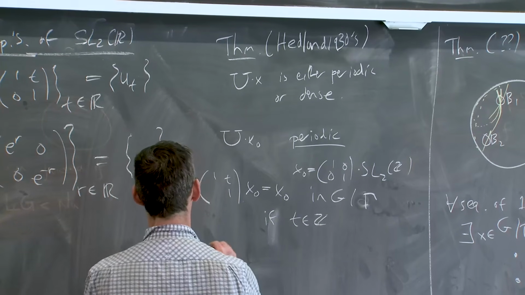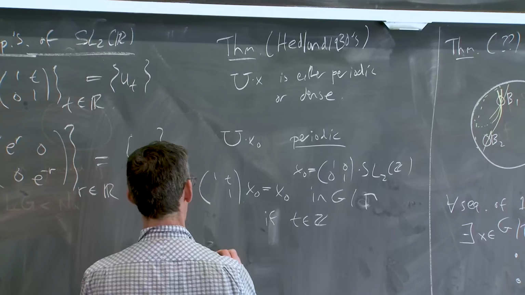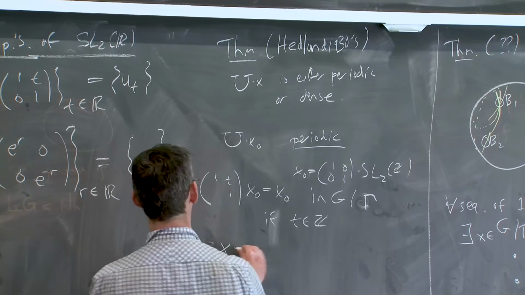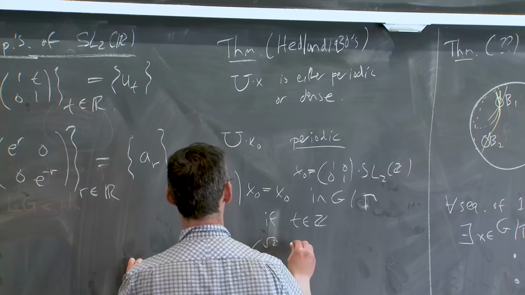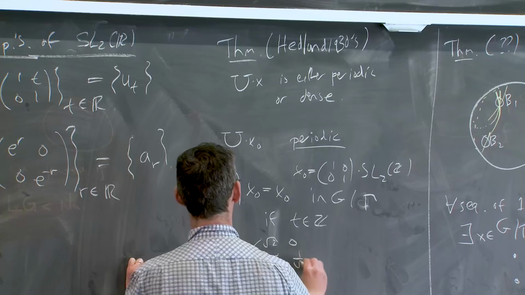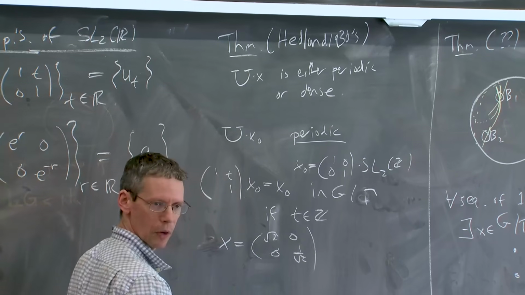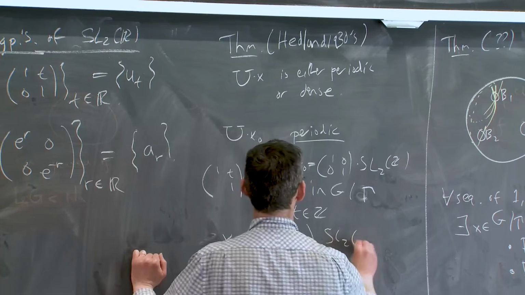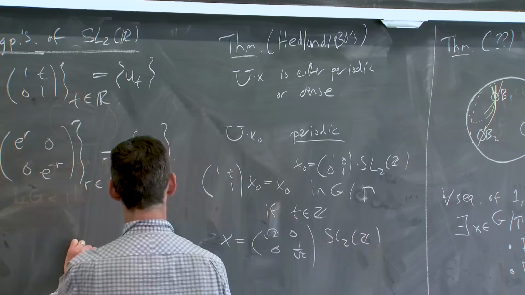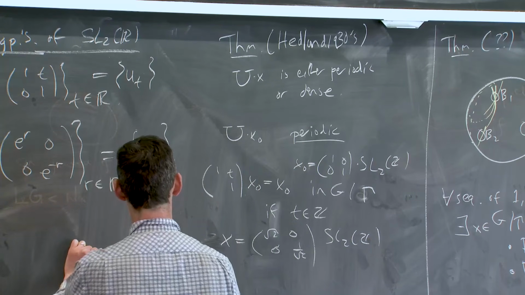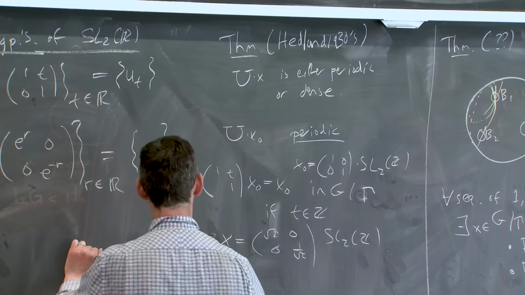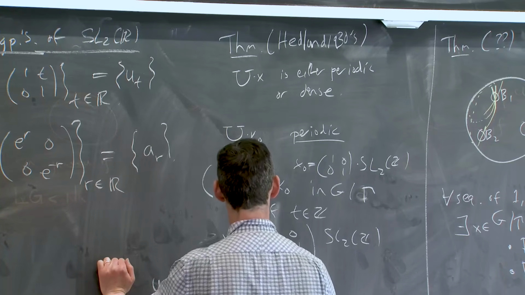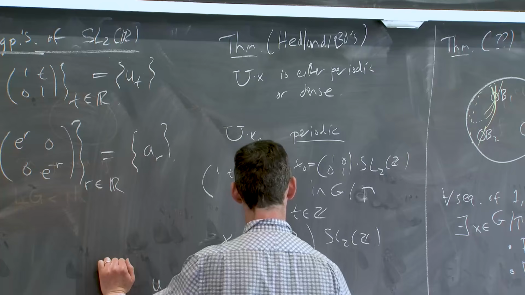So for most x. Let's suppose now x is root 2, 0, 0, 1 over root 2, times SL2C. So what is ut of x? That's 1, 1 t, root 2, 0, 1 over root 2.